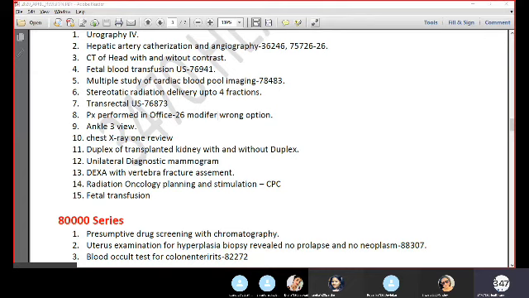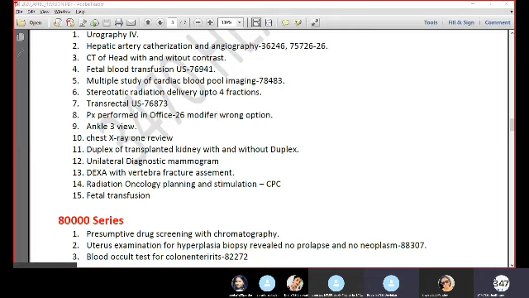Then, X-ray of ankle, laterals, transverse view. What is the answer? 73600, 73610?